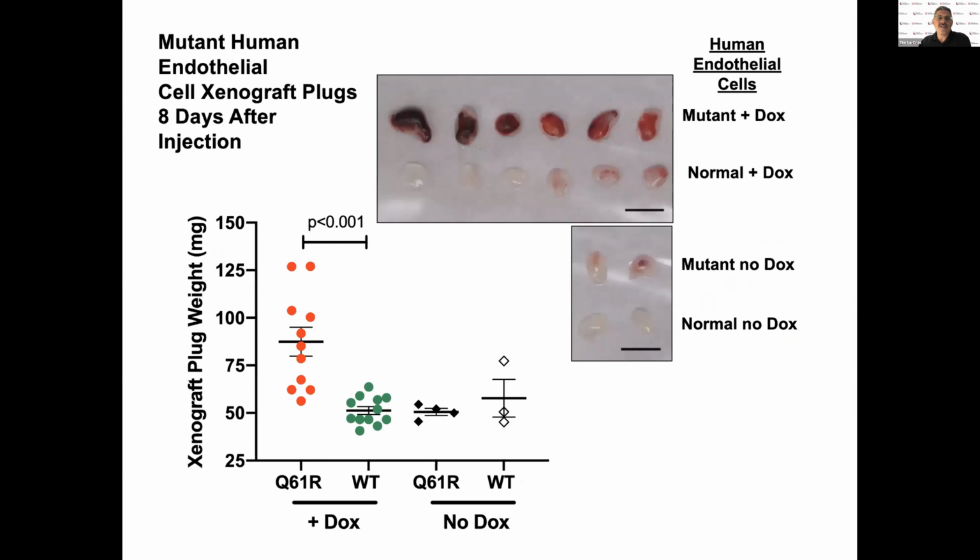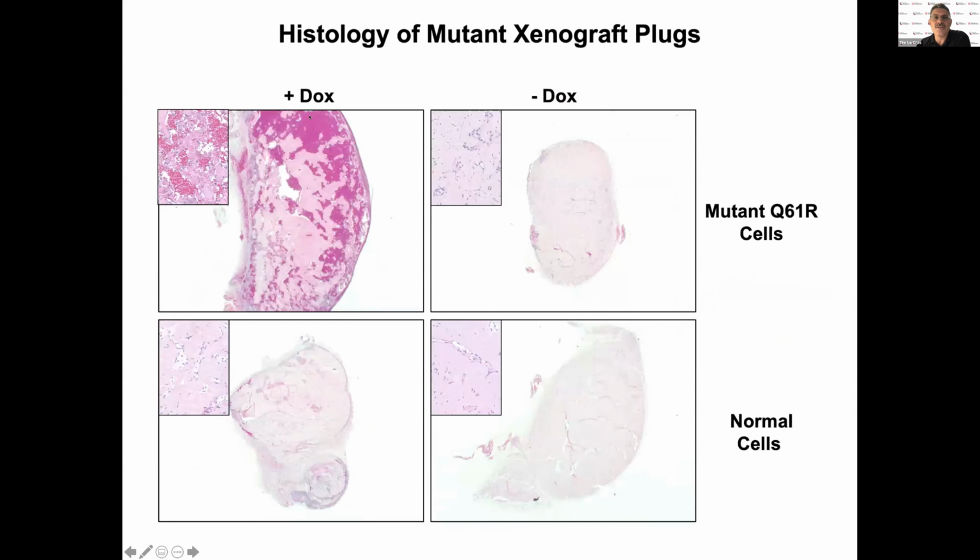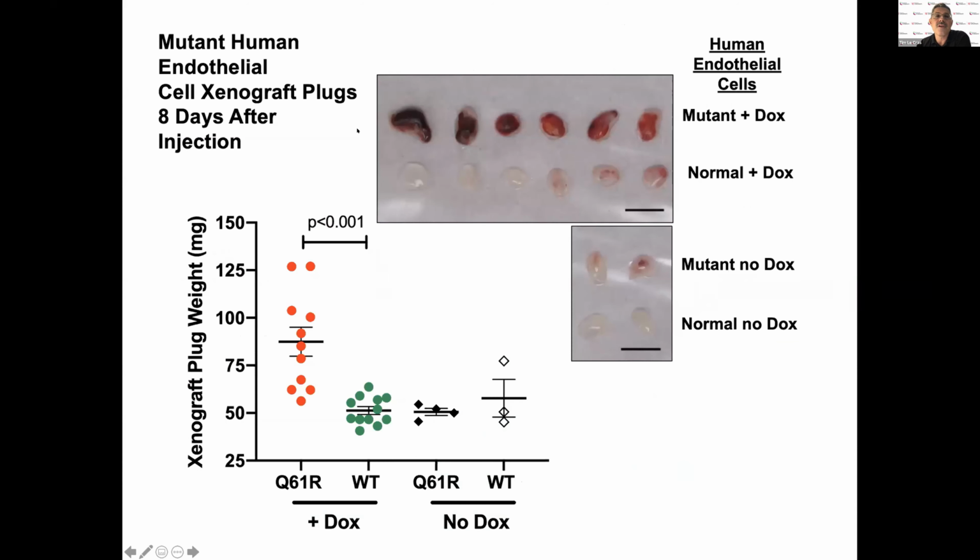So this is a pretty complex slide, but I'll talk you through it. This is 8 days after injecting those Matrigel plugs with the human endothelial cells. And we've removed those plugs. In the top row here, you can see the plugs where the human endothelial cells, where the mutant gene was switched on. We can give doxycycline, that antibiotic, to the mice in their food.